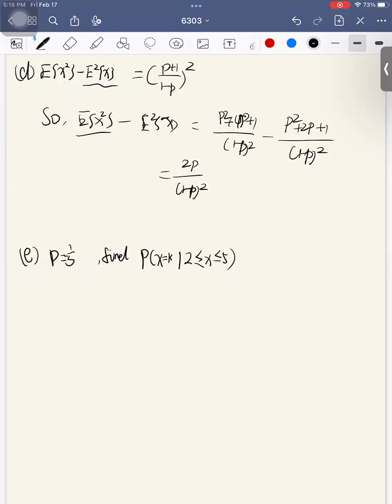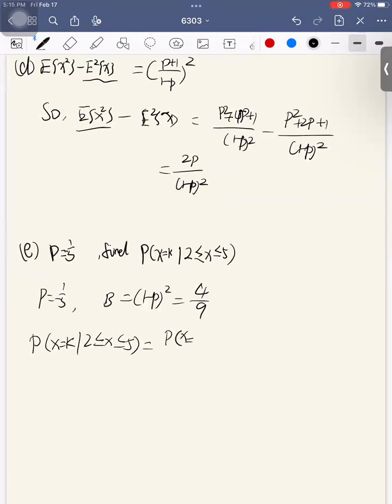And question E asks us to find the conditional probability of this mass function. So we just plug in those values, or according to the question, we know p is equal to 1/3. And since we already know the b value is equal to this, we can plug in the value to find b. For this conditional probability, we can apply this rule here, then calculate the probability.